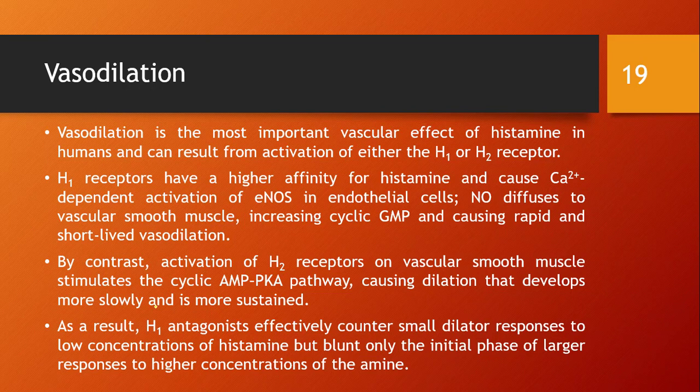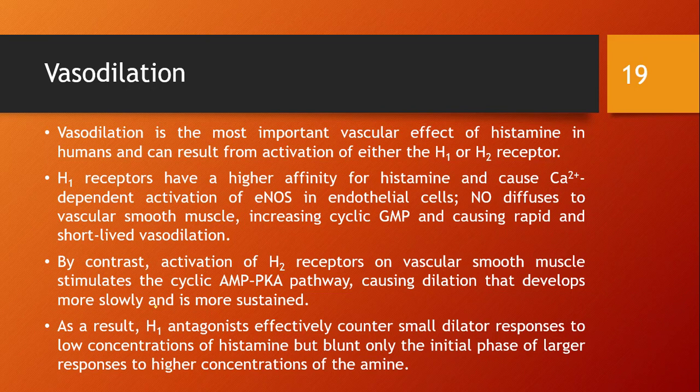Vasodilation is the most important vascular effect of histamine in humans, and it can result from activation of either H1 or H2 receptor. We have just seen that when the H1 receptor gets activated it causes formation of nitric oxide, and when the H2 receptor gets activated it causes an increase in intracellular cAMP formation.